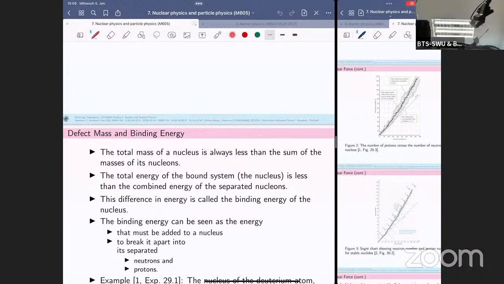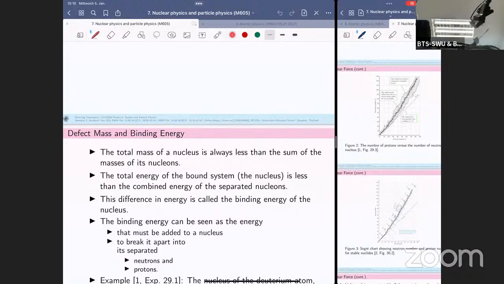If you convert the mass of the nucleus to energy, and you convert the mass of the separate nucleons to energy, you find that the energy of the actual nucleus is less than the converted energy from the individual nucleons.